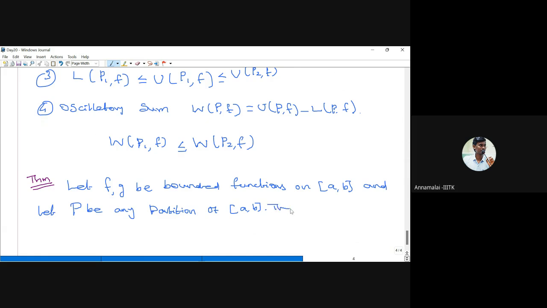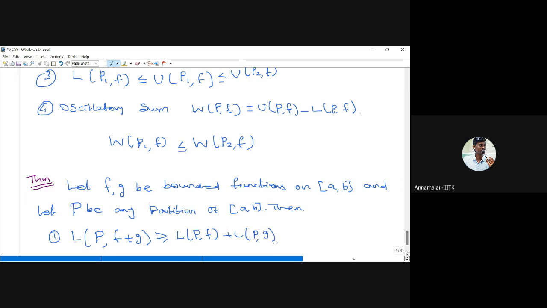Then the lower sum of the sum of two functions: the lower sum of the function f plus g with respect to the partition P is always greater than or equal to the lower sum of the function f with respect to P plus the lower sum of g with respect to P.